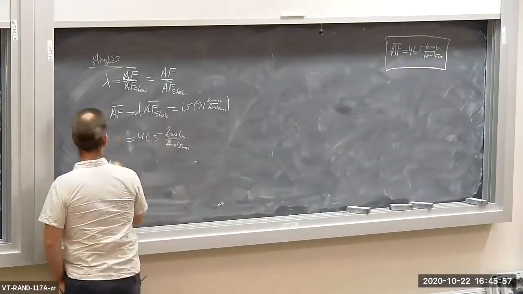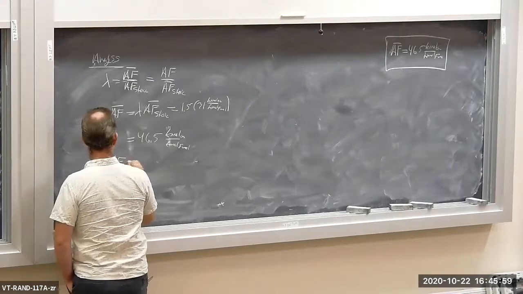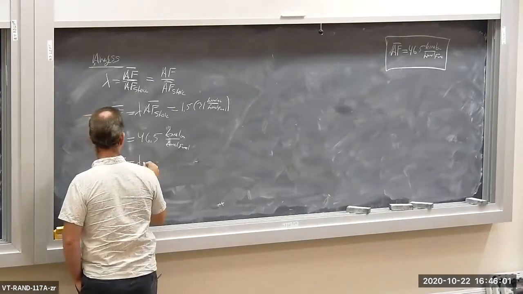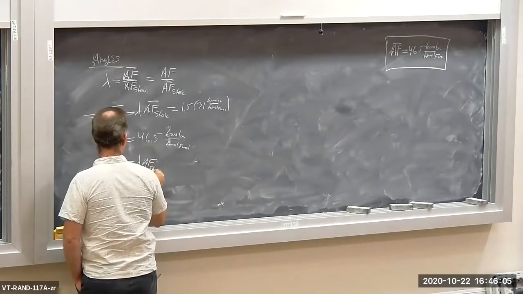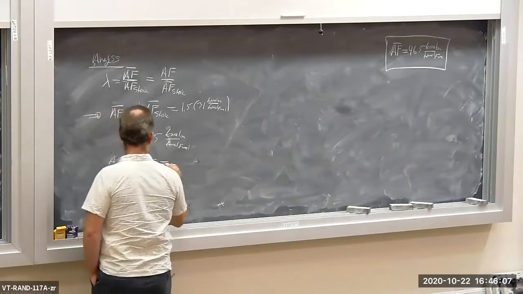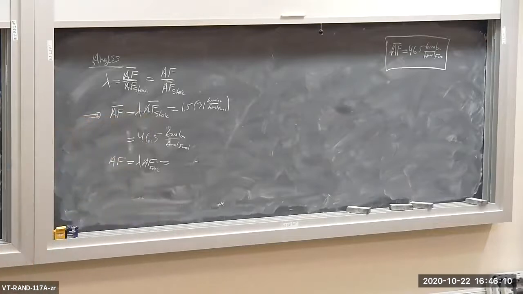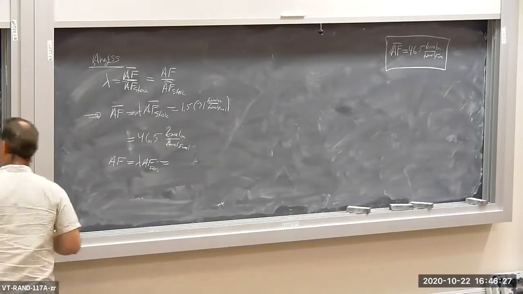Same thing for the air-fuel ratio on a per mass basis. The air-fuel ratio is equal to lambda times the stoichiometric air-fuel ratio. We already calculated that in the previous problem. The stoichiometric air-fuel ratio on a per unit mass basis is 15.4 kilograms of air per kilogram of fuel.